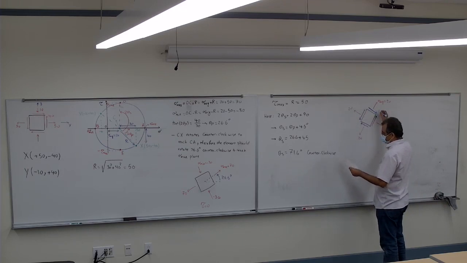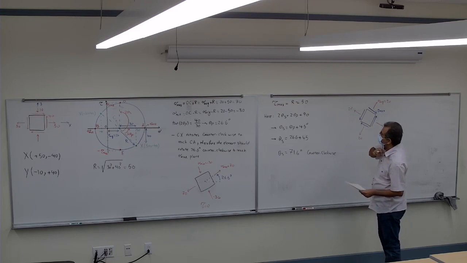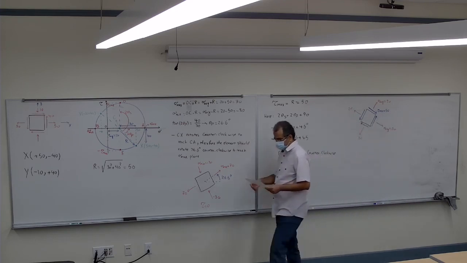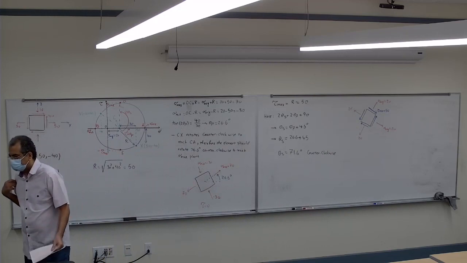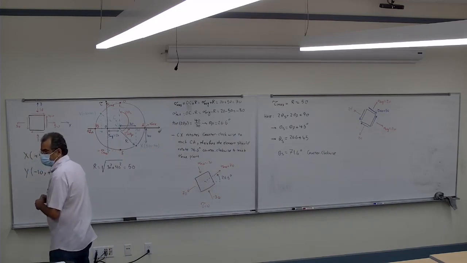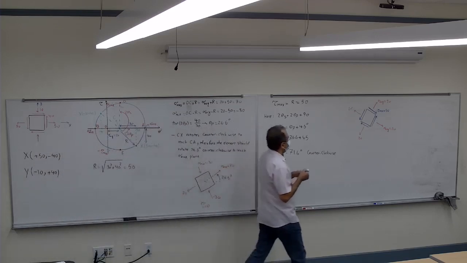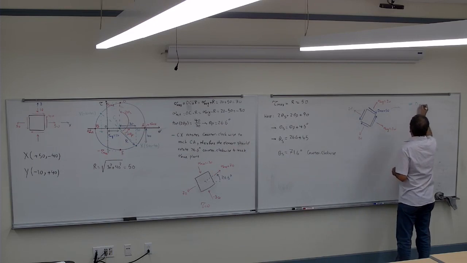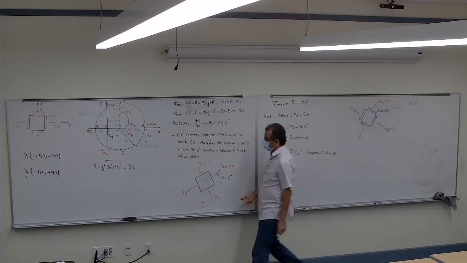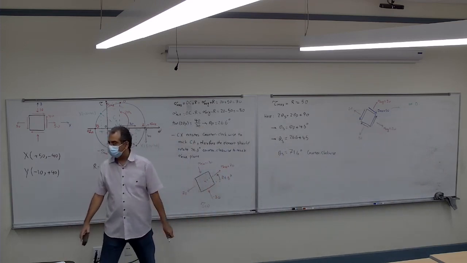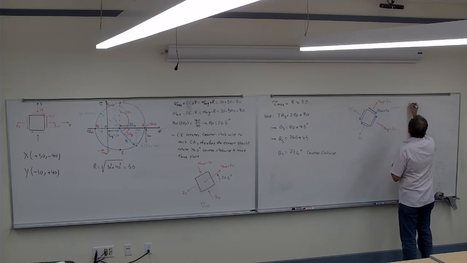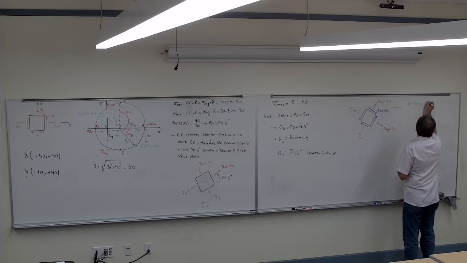So tau would be the tau max, which is 50. At D, tau is positive, correct?